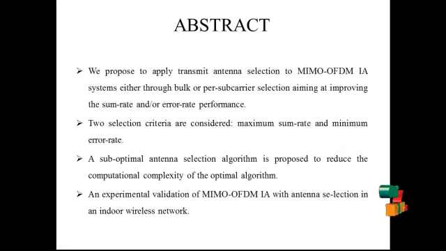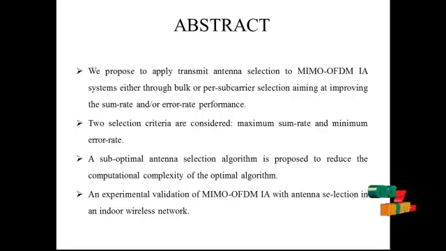The project abstract is: we propose to apply transmit antenna selection to MIMO-OFDM IA. It means multiple input, multiple output, orthogonal frequency division multiplexing using interference alignment systems, either through bulk or per-subcarrier selection, aiming at improving the sum rate and/or error rate performance.